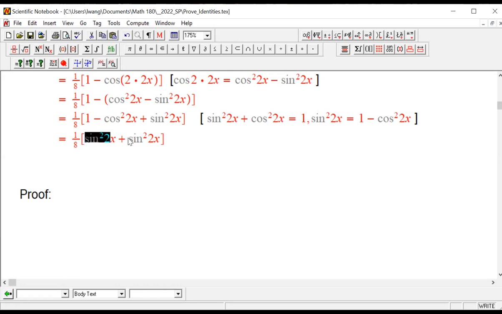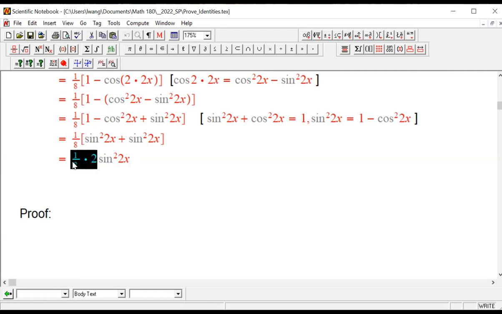I have two of these, and then I'm going to write it down that way. So that's 1/8, and multiply 2 times sine squared of 2x.